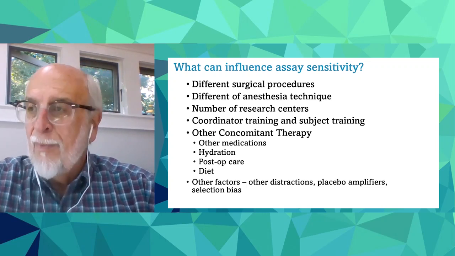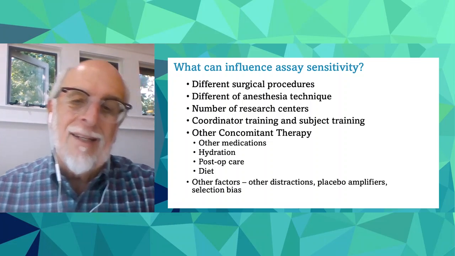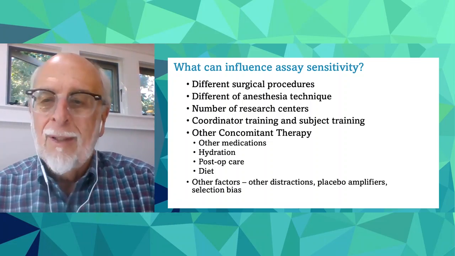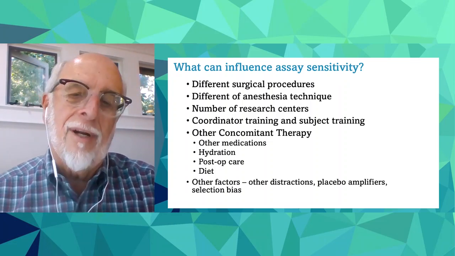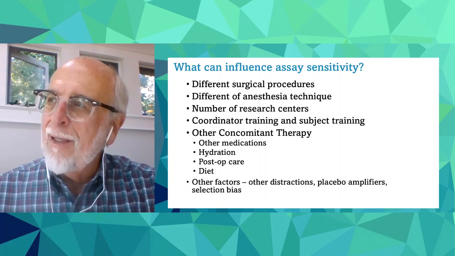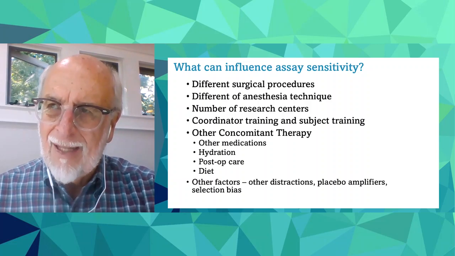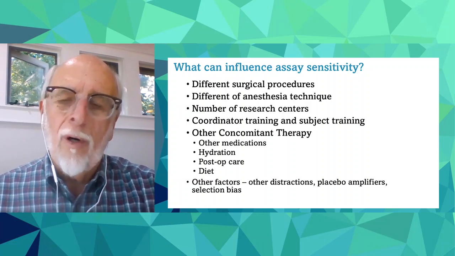The challenge in some orthopedic studies is every hospital has different anesthesia techniques. Almost every anesthesiologist has different anesthesia techniques. How many centers are in a study is, again, another predictor. In many of these dental impaction studies, they're being done at 1 or 2 centers only.